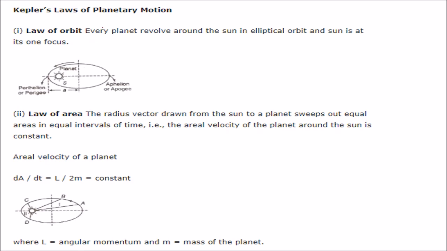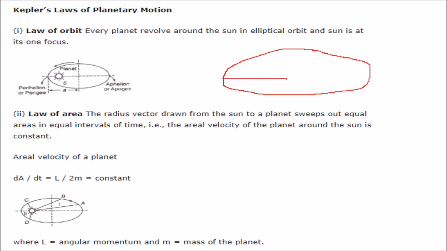Kepler's laws of planetary motion. First is the law of orbit. Every planet revolves around the sun in an elliptical orbit, and the sun is at one focus. If I can make it a bigger one, this is an ellipse.